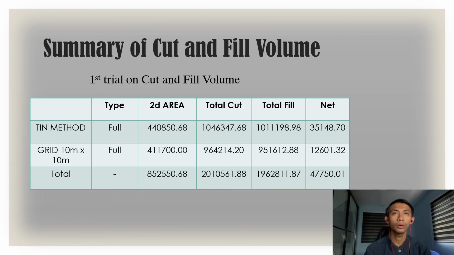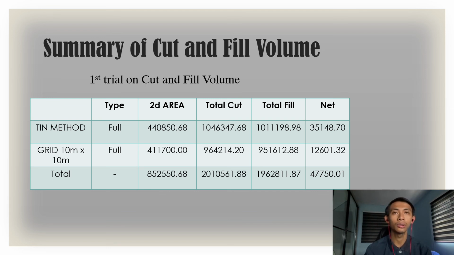For the summary of cut and fill volume, we use two methods, which are the TIN method and the grid method, 10 meters times 10 meters. The type is full, and for the 2D area, total cut, total fill and net, we get the TIN method as the larger value than the grid method.